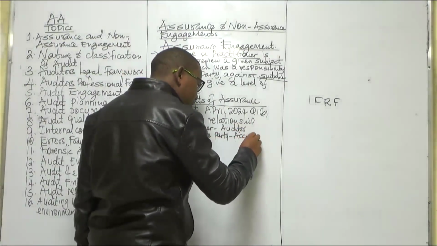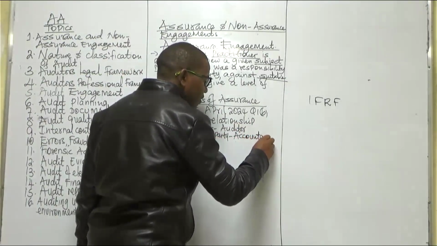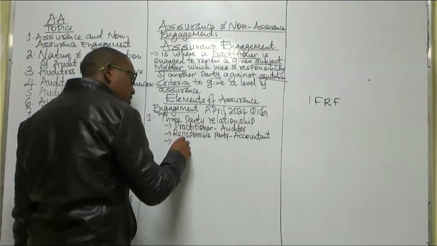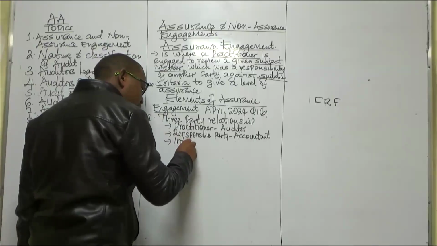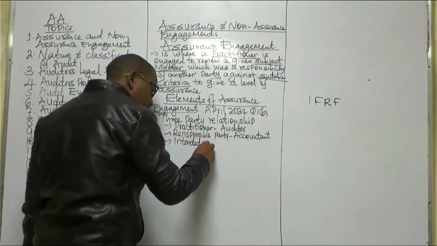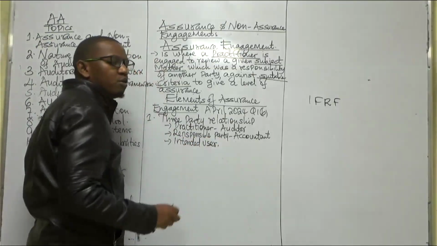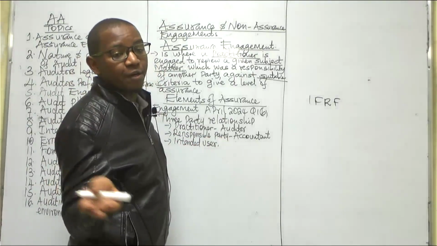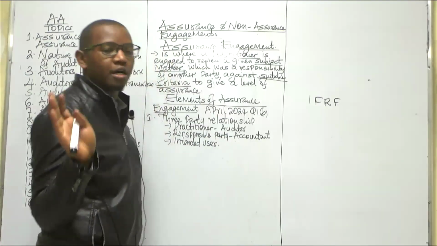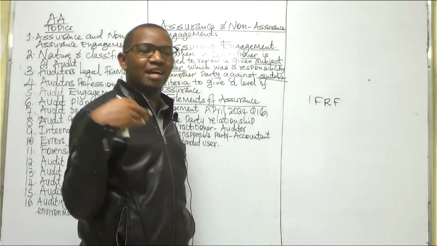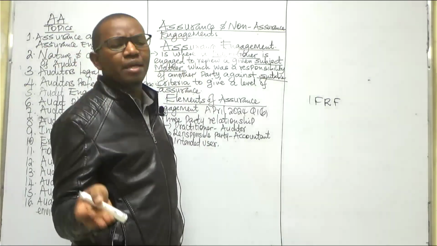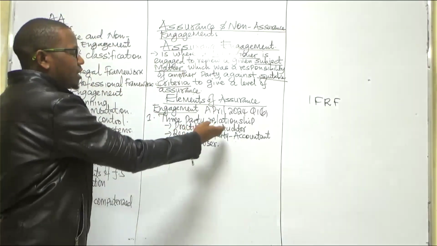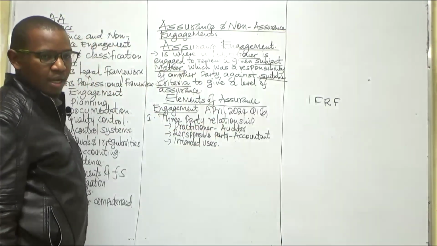Then the third party is the intended user. This is generally the users of audited financial statements, who can be the shareholders, the customers, the general public, or the government. That is the intended users, and this is where the three-party relationship comes in.